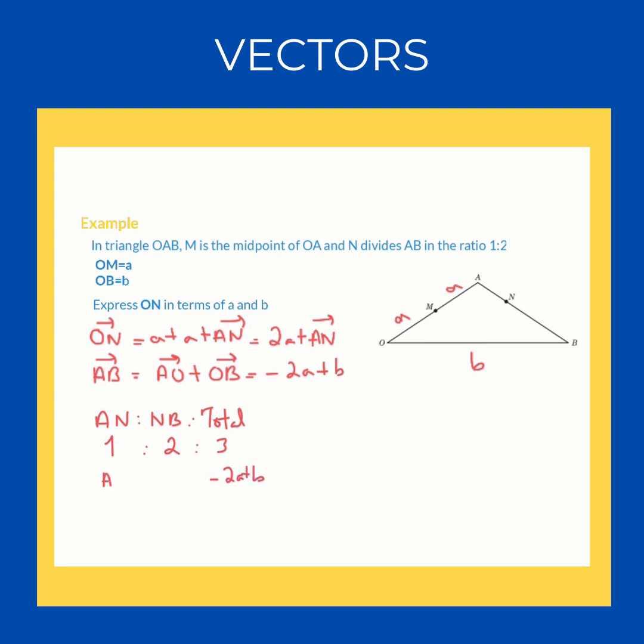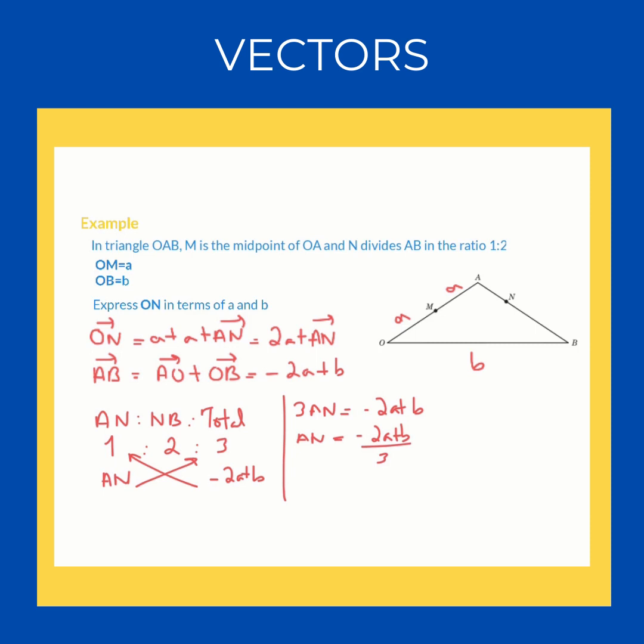And here I have AN because I want to find AN. So I will cross multiply. So 3AN is equal to negative 2a plus b. So AN is equal to negative 2a plus b over 3.